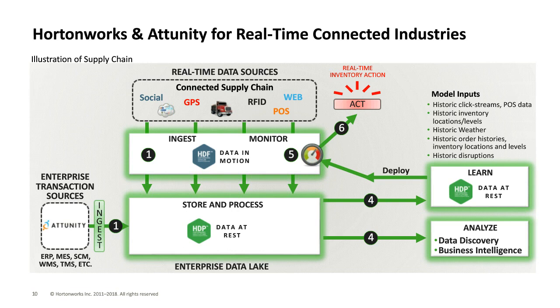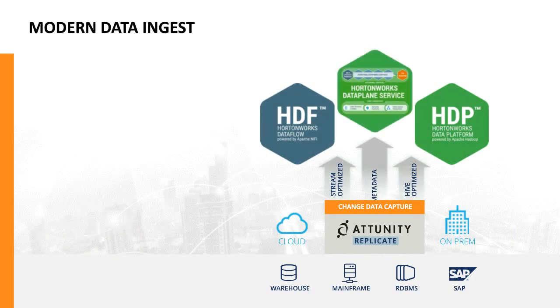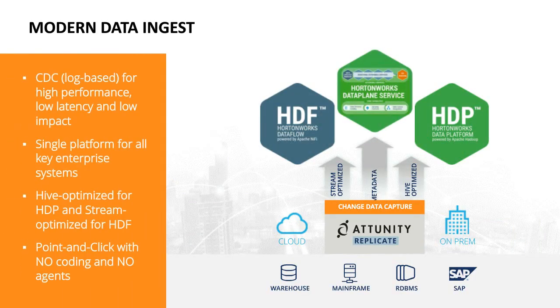So being able to take those enterprise transactional systems that you don't think of as real-time streaming and make them real-time streaming systems. And I'll talk about how Attunity unlocks the value of those transactional systems, because it's one of the core things as you start to move to a connected world. How do you take all of those core systems that you have?